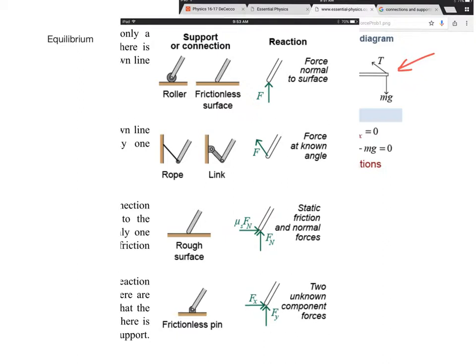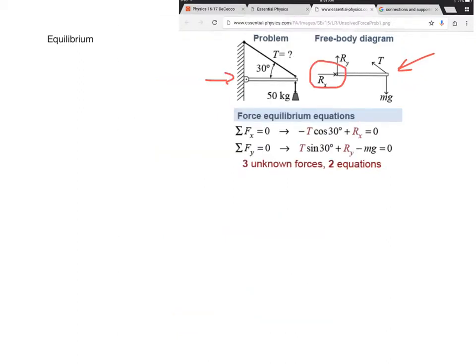And then there's a frictionless pin. Anytime there's a pin, you're just going to have an X and Y component that are representing the total force on that pin, whether it's a pin on the floor or a pin on a wall. So the first challenge is identifying all the forces in their correct directions.